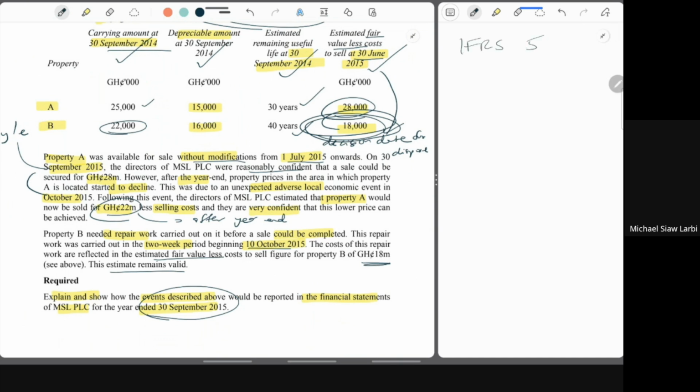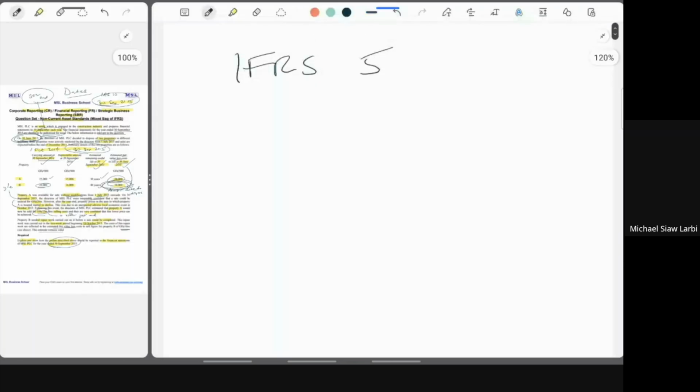IFRS 5. This covers non-current assets held for sale and discontinued operations, right? So for this particular standard, what do we need to know? So when we say a non-current asset or a disposal group is deemed as held for sale, right?